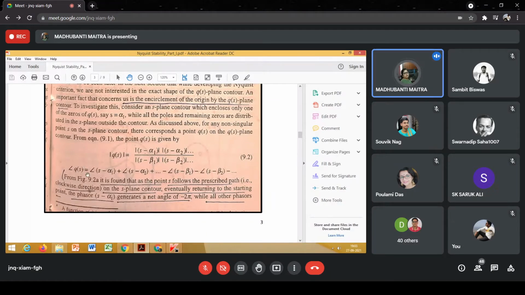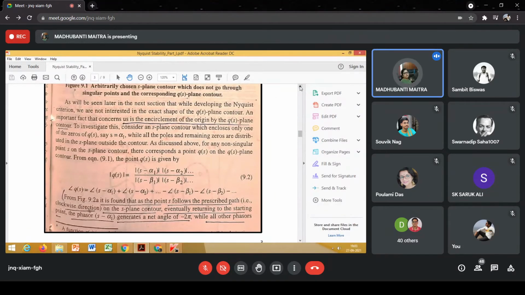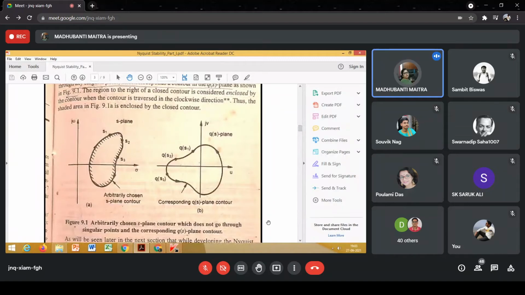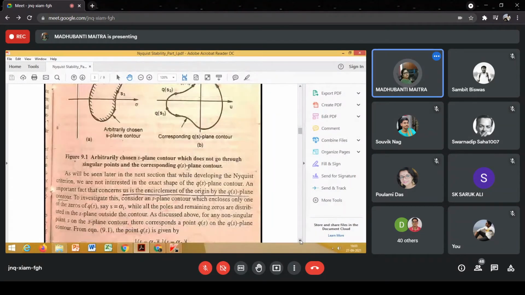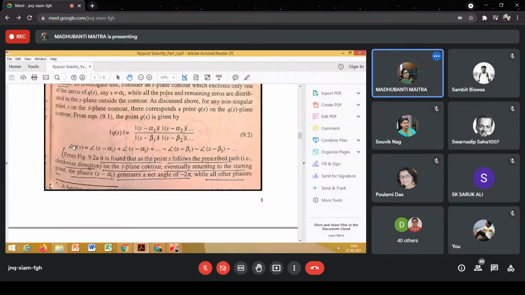So the angle of Q(S) can be represented as angle (S minus alpha 1) plus angle (S minus alpha 2) plus and so on, minus angle (S minus beta 1) minus angle (S minus beta 2), etc. If I consider S1 to be the starting point, then the angle of Q(S1) will be angle (S1 minus alpha 1) plus angle (S1 minus alpha 2) plus and so on, minus angle (S1 minus beta 1) minus angle (S1 minus beta 2), and so on.